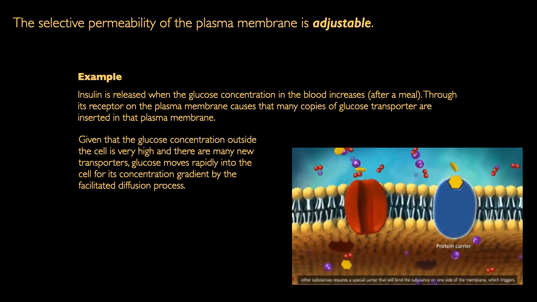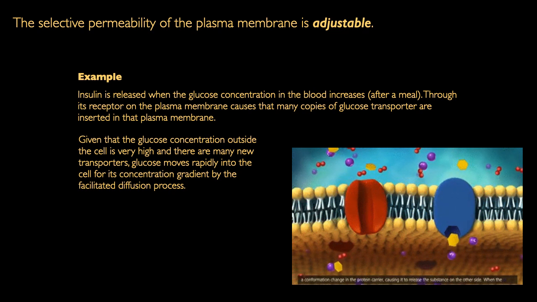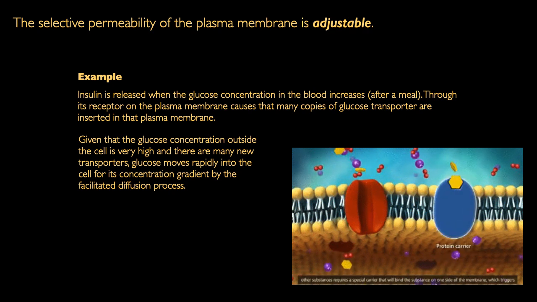This in turn triggers many glucose transporters to be built and inserted in the membrane, so glucose can enter the cell down its concentration gradient. All right, so it's facilitated. It's not using energy.